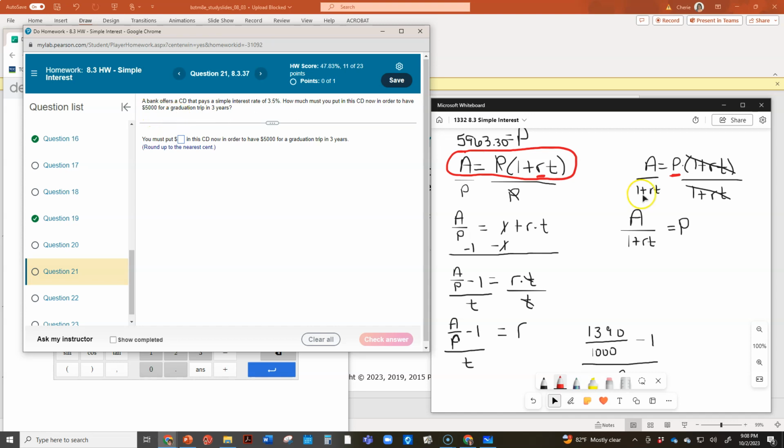To have $5,000, that's what you're going to have. So that's your total amount, your future value, and your 3 would go right there. And then you would just do that calculation, and you would have the answer P, and that would go right there.